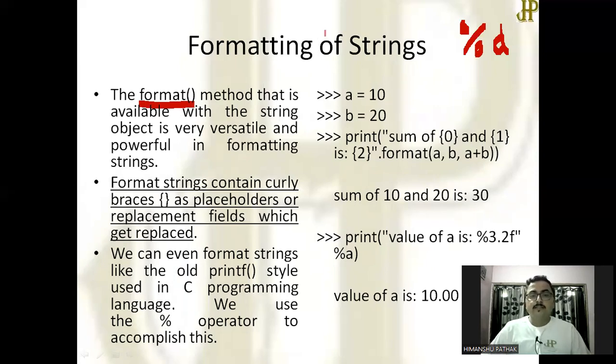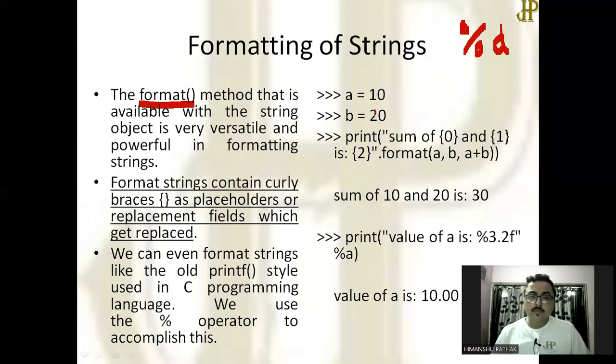Here you can see that I have taken two variables, a and b, and the values supplied are 10 and 20. Now I want to add these two numbers and print something like: Sum of 10 and 20 is 30. So how is it possible?